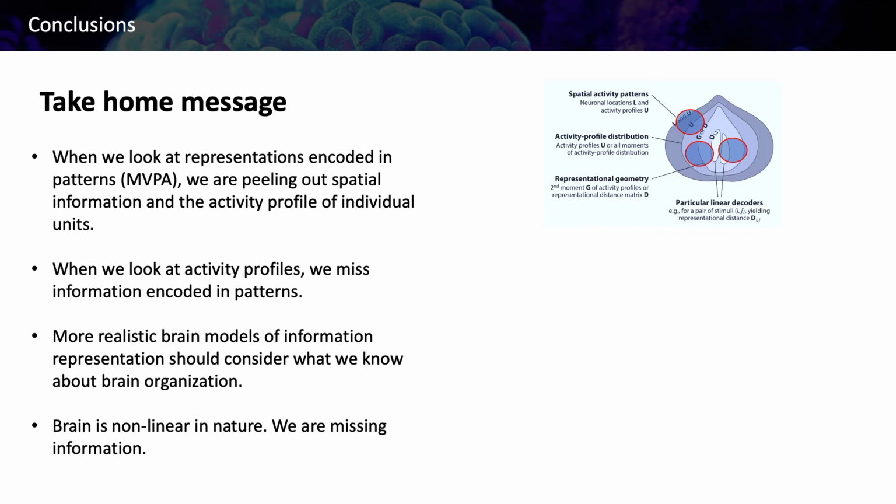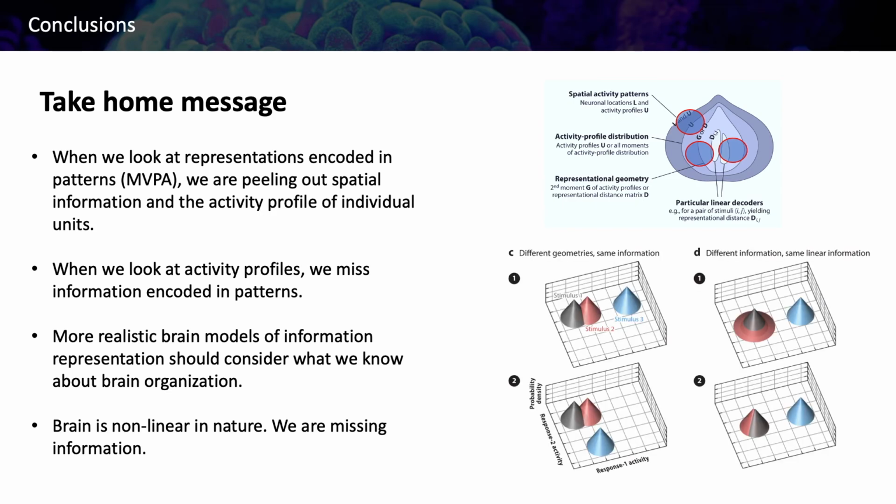So that's why multivariate pattern analysis techniques may be good for understanding how conceptual information is represented in the brain, but maybe they are not really bringing us closer to how the brain actually works.